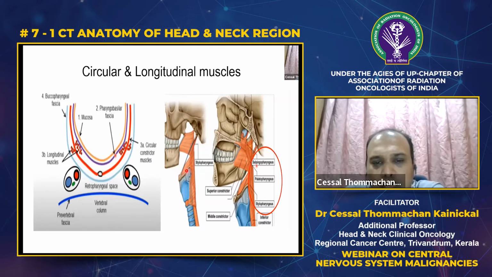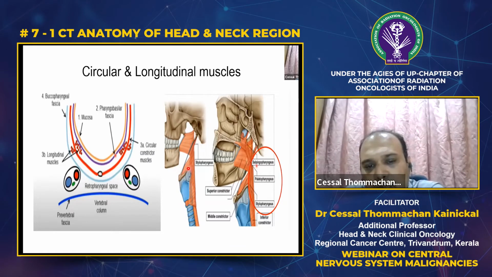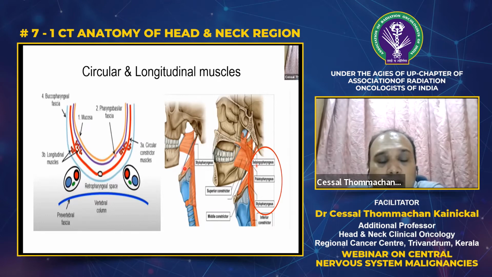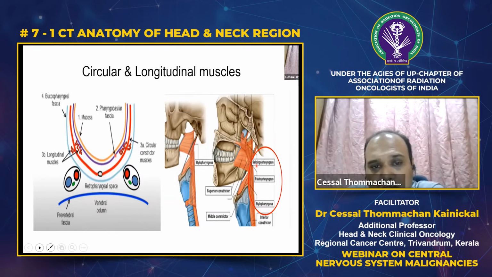There are two muscles arising from the superior surface of the greater horn. This is the greater horn of the hyoid bone. This is the body of the hyoid. One is the medial constrictor, and the other is the hyoglossus muscle. I will show you that when we discuss the oral cavity.